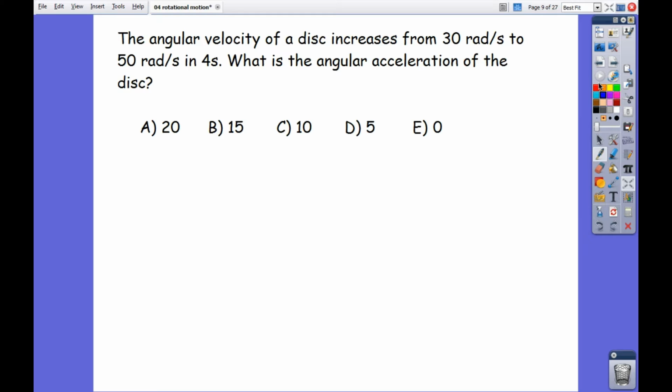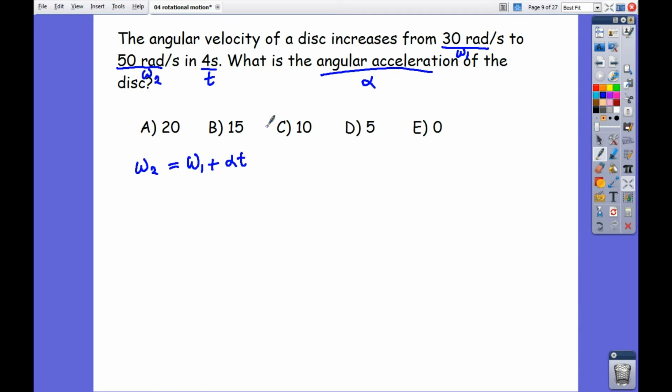Next question is this one. The angular velocity of a disk increases from 30 radians per second to 50 radians per second in 4 seconds. What is the angular acceleration of the disk? Right, so here given omega 1, and this is omega 2, and this is time. Let's find the angular acceleration.